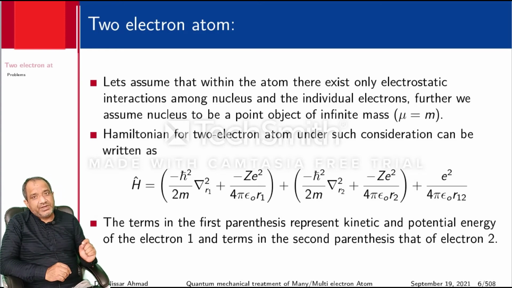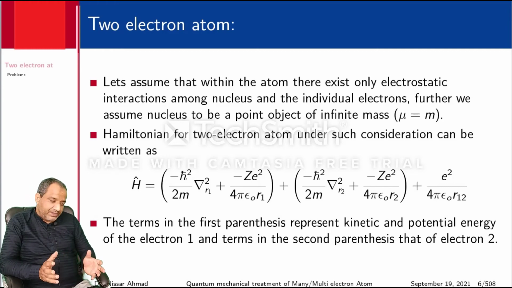We consider the nucleus as a point charge of infinite mass. So there would be some error. In fact, there is one main issue with the Schrodinger equation: we don't take the spin of the electron into consideration. We always reject the spin of the electron as well as the nucleus. So the Schrodinger equation does not keep a record of the spin.